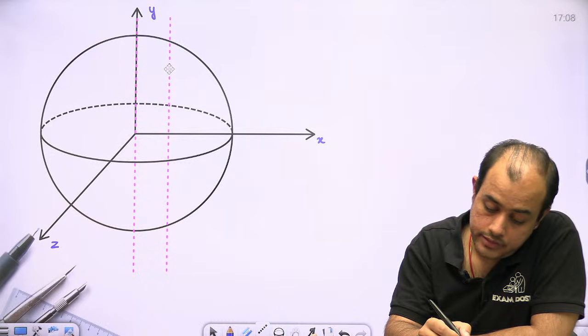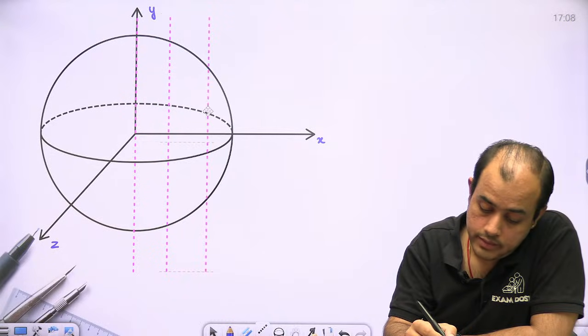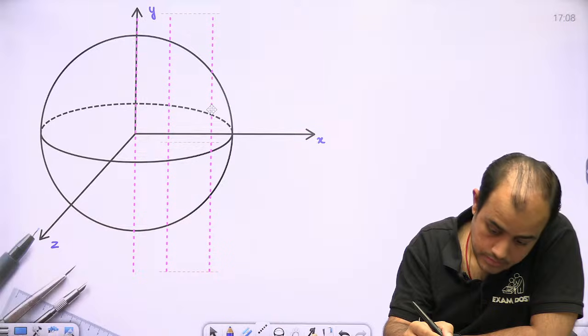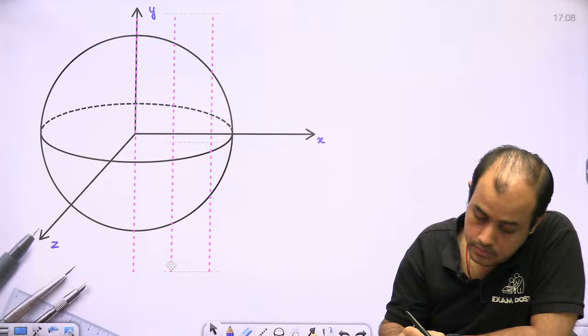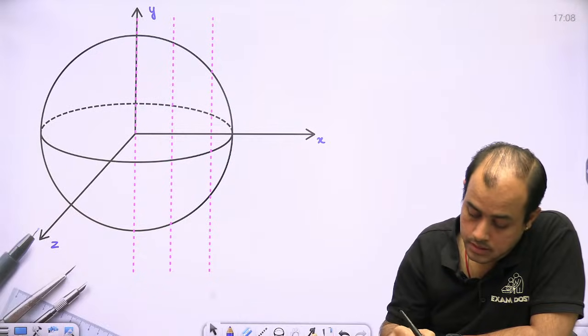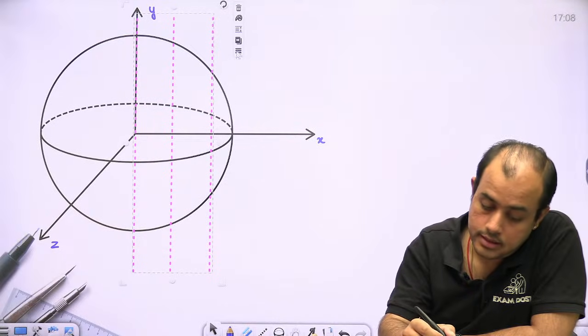Now at 1 they will lie, at 2 they will lie. Similarly, they lie on the left side.